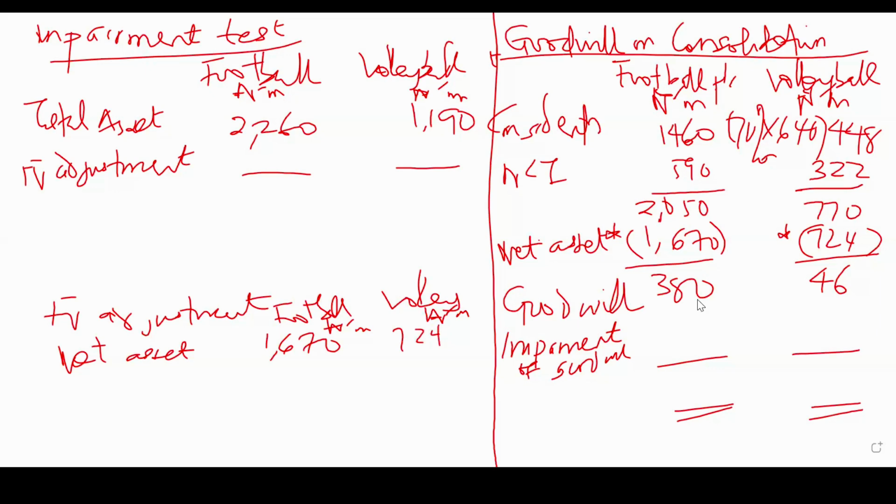Now, ordinary share capital of Football PLC was how much? I can see 800 here. For Volleyball, 400. Now, the pre-acquisition retained earnings as at the day of acquisition was how much?